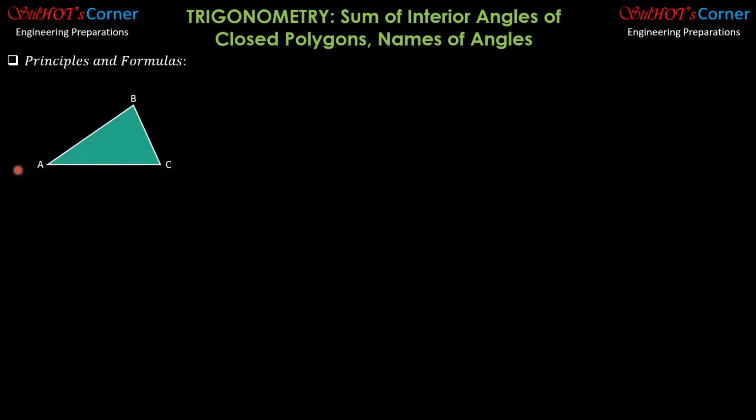So if this is a triangle, then this is the measure of this vertex angle, angle A. By the way, angle A may be called angle BAC or CAB, but we simply call it angle A. Angle B, on the other hand, may be angle CBA or ABC.